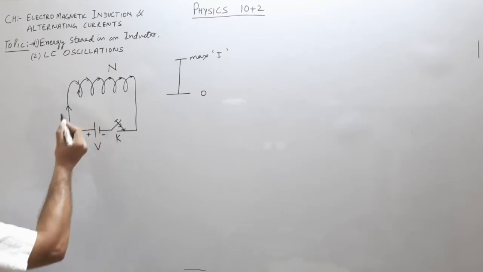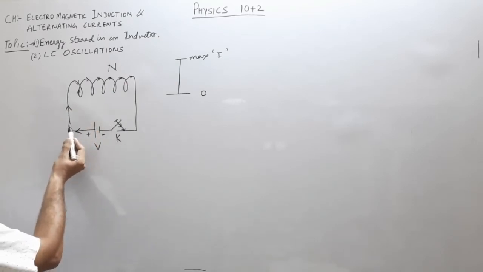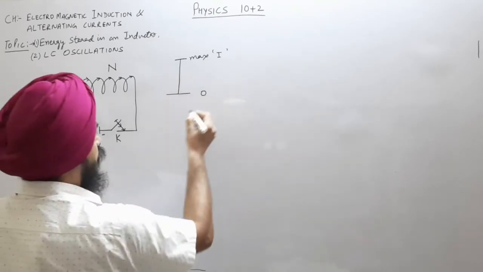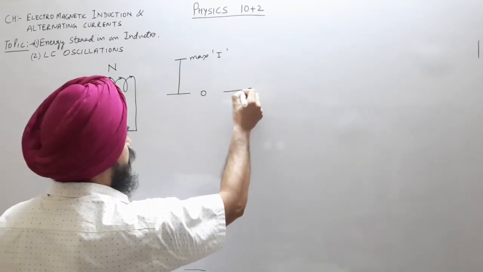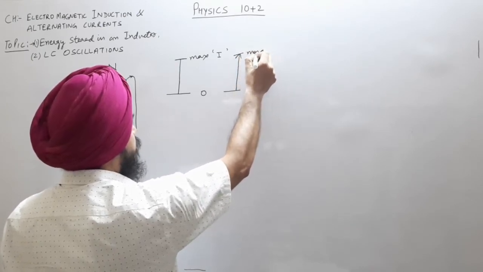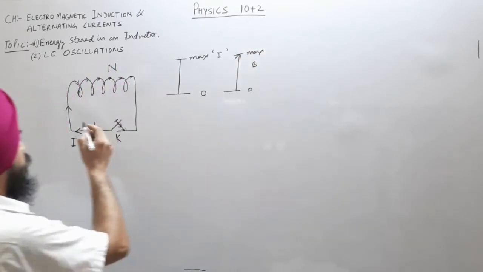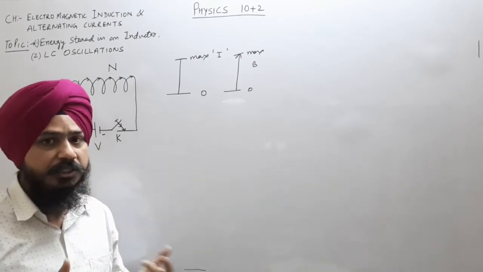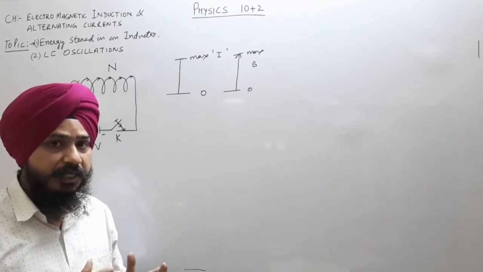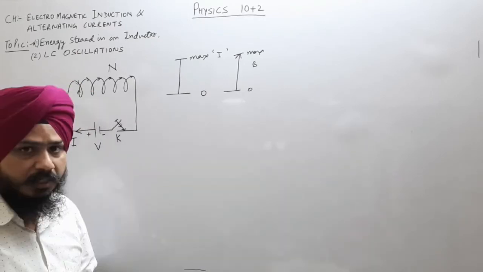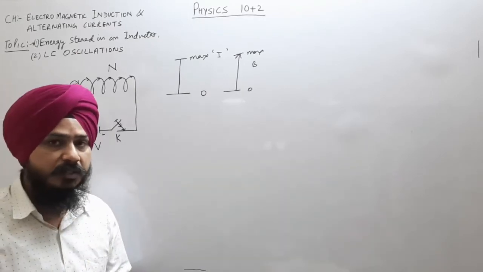As the current grows, the magnetic field around this wire also grows from 0 to maximum. So as soon as the magnetic field grows, there is a change in magnetic field across these loops, a change of magnetic flux.